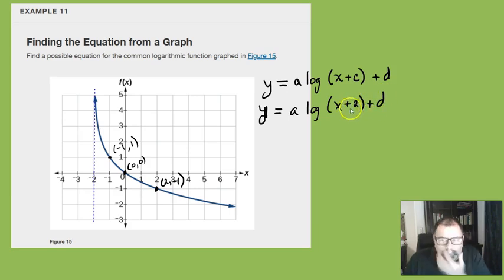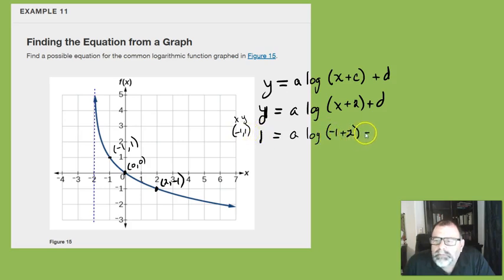Now we just need to figure out a and d, so we just need to use two points. Let's use the negative 1, 1. Remember that's x, y. So a log base 10 of negative 1 plus 2, which is 1.